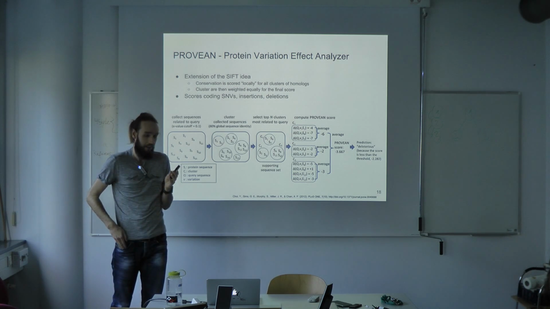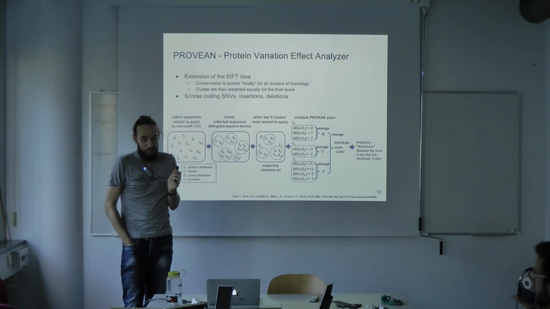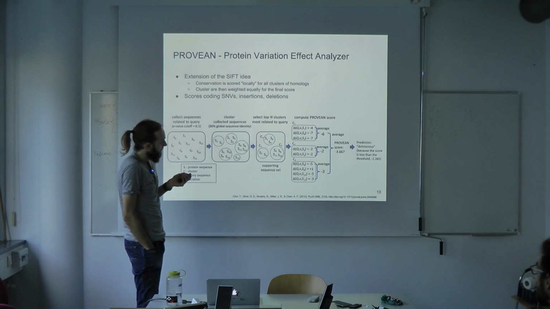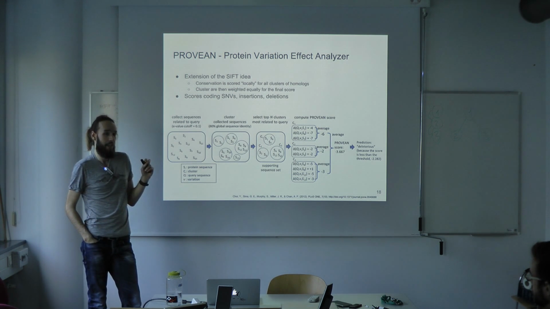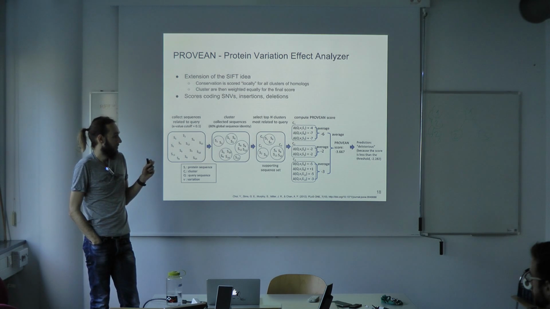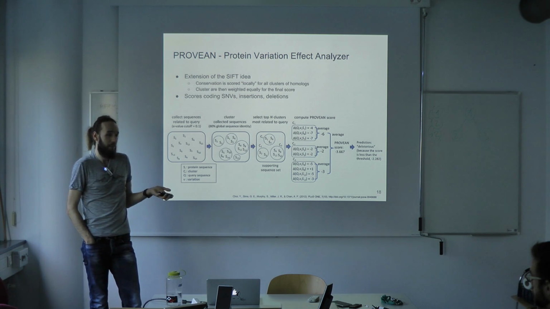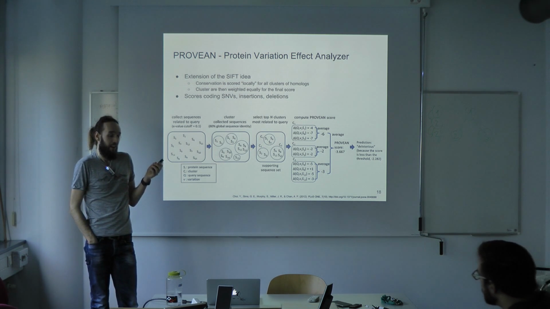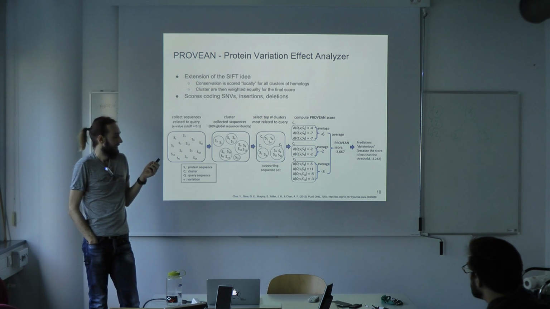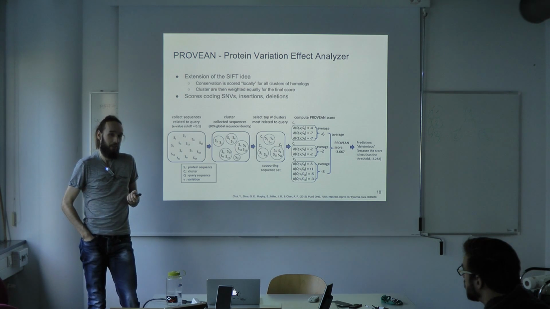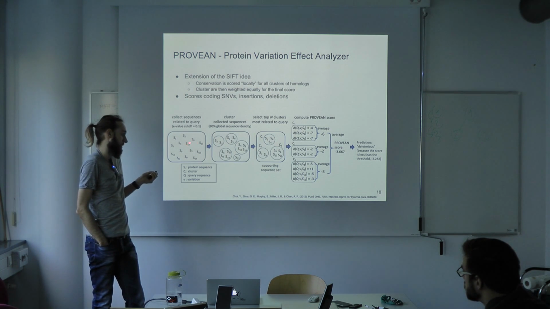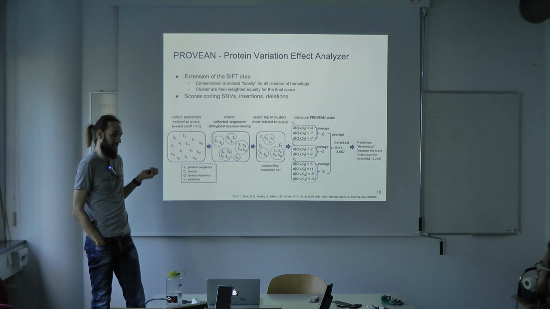The big difference to Sift is that you treat the clusters equally. So you are now not biased anymore by how many extremely similar sequences you have in your set of all sequences, essentially.